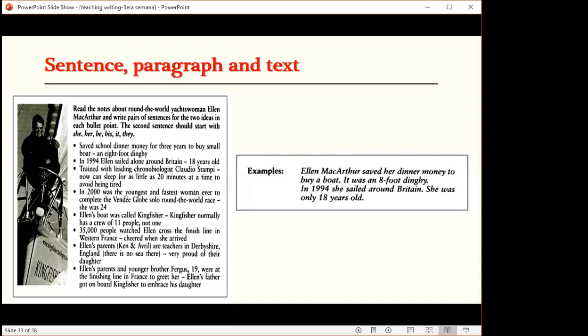That was the purpose of this exercise: that the second sentence should start with she, her, he, his, it, or they. And they are going to write this pair of sentences. That's why we call this activity pair sentences. And here we are emphasizing the cohesive device of reference, to avoid repetition.